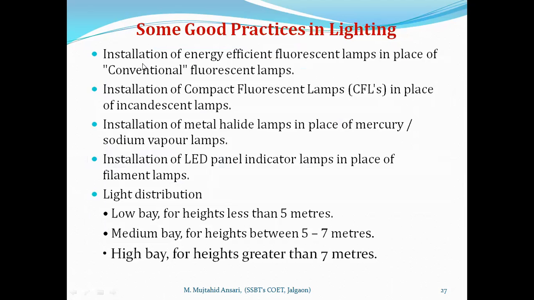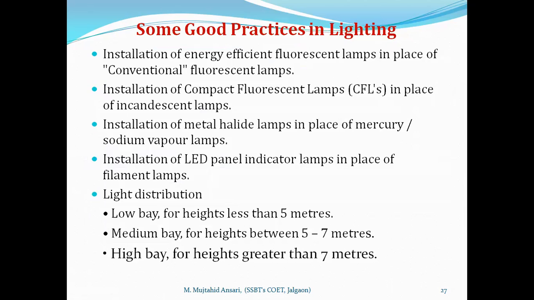What are the good practices in the lighting system? Install energy efficient fluorescent lamps. Whenever there are regular fluorescent lamps, they should be replaced by energy efficient fluorescent lamps. Second, install compact fluorescent lamps to replace incandescent lamps.